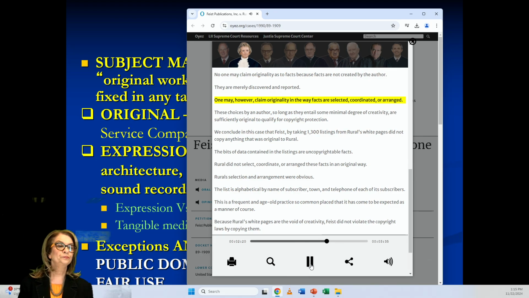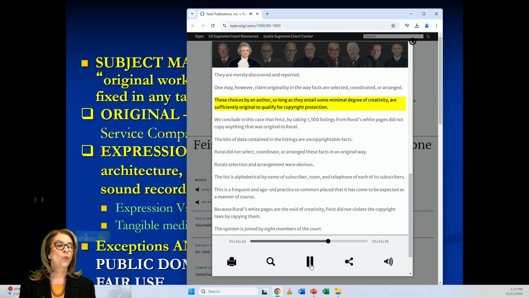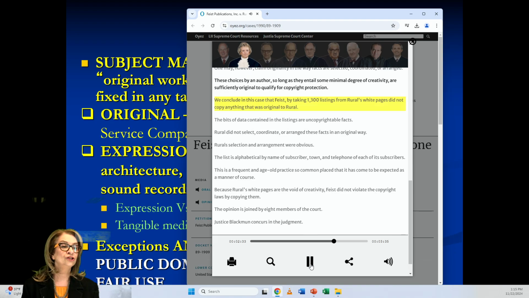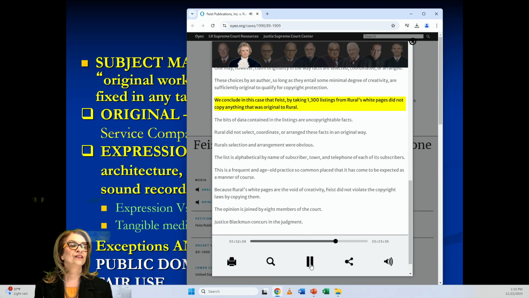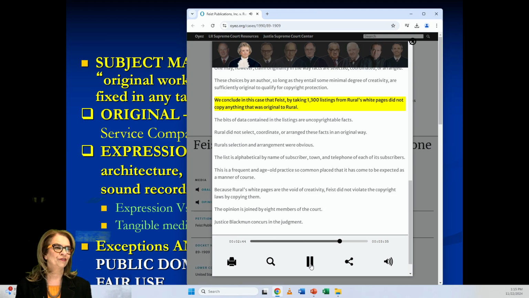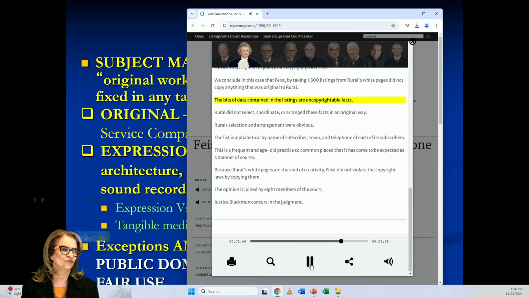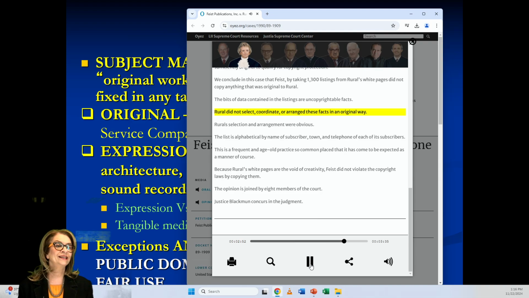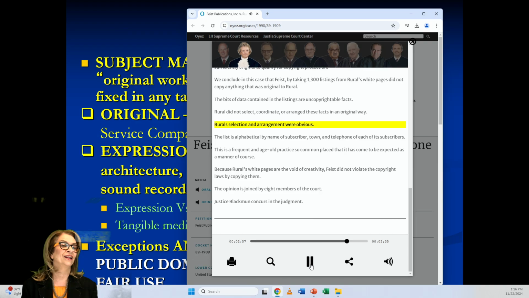The Supreme Court concluded in this case that Feist, by taking 1,300 listings from Rural's white pages, did not copy anything that was original to Rural. The bits of data contained in the listings are uncopyrightable facts because they were not created by the author. Rural didn't select, coordinate, or arrange these facts in an original way.